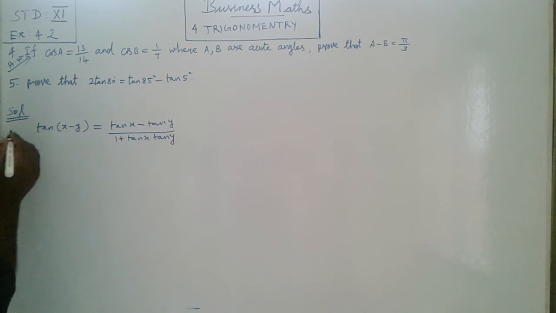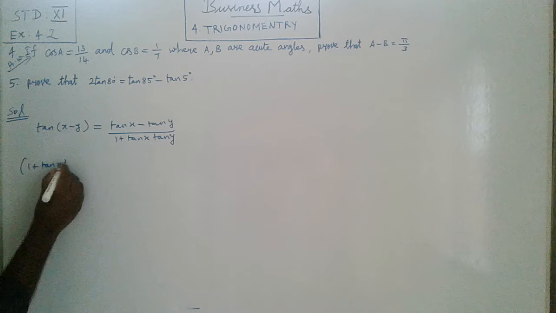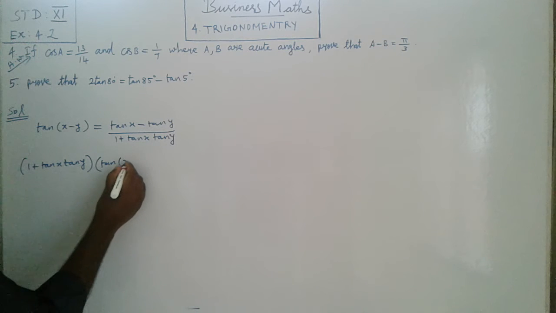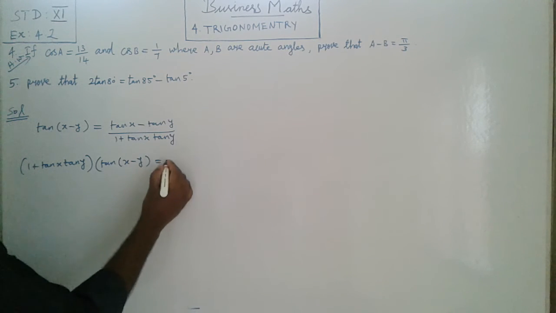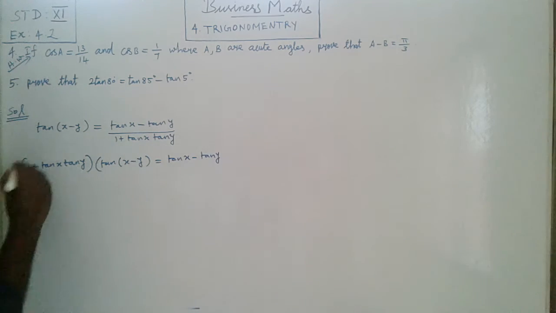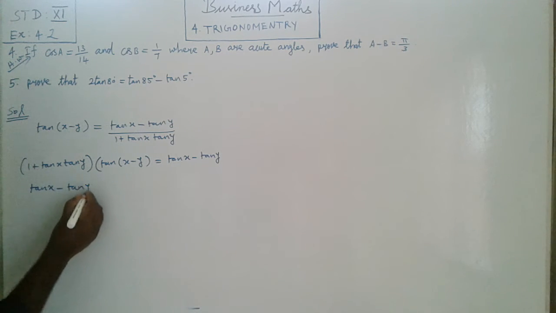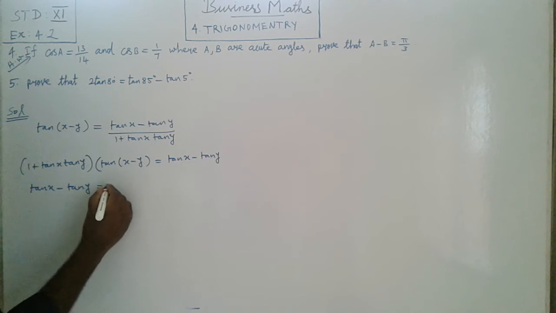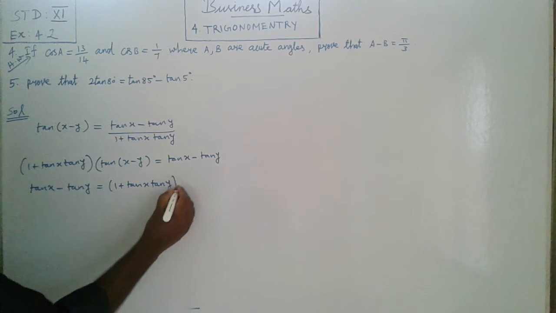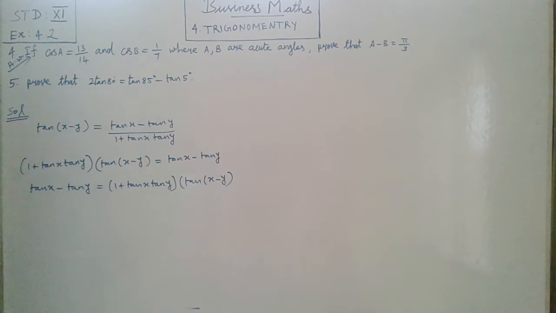Now cross multiply here. 1 plus tan x into tan y, into tan of x minus y, equal to tan x minus tan y. So interchange these places. Tan x minus tan y equal to, we should take the right hand side, 1 plus tan x tan y into tan x minus y is the formula.